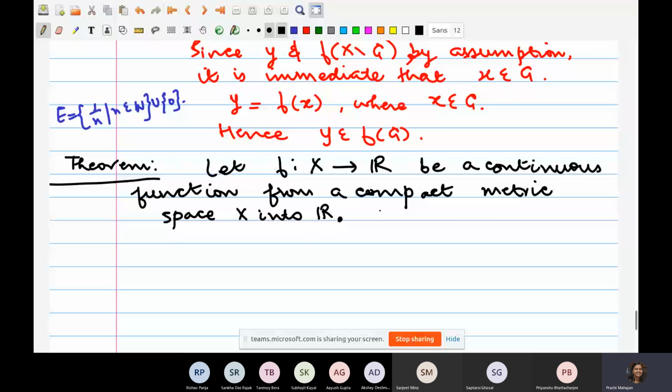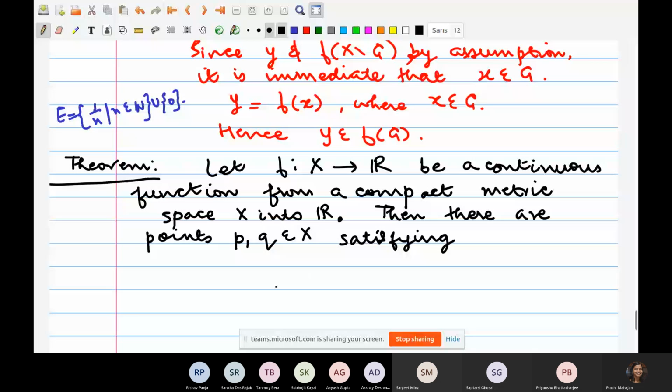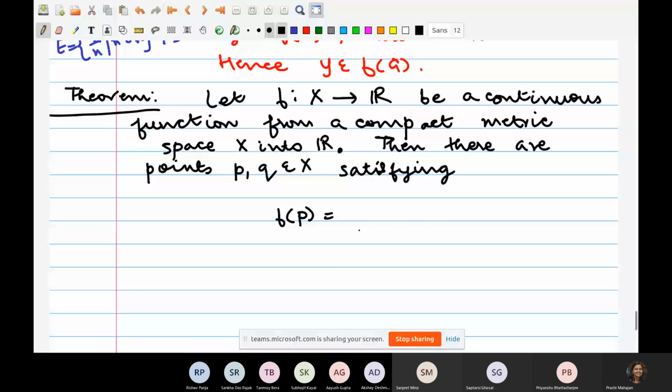Then the claim is that there are points P, Q in X satisfying the following.